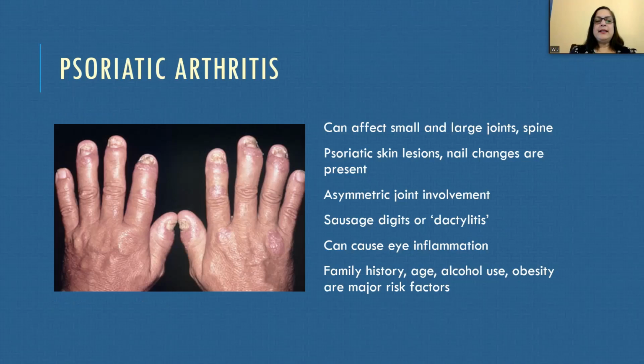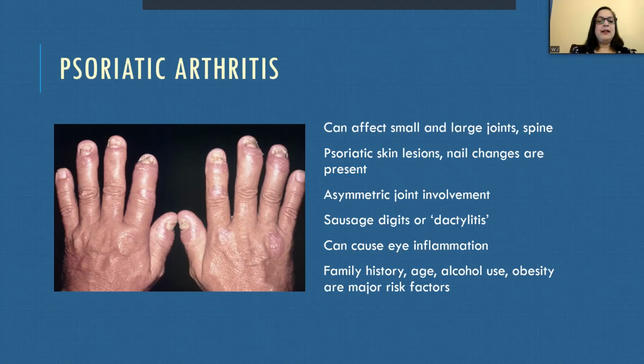Psoriatic arthritis is something that is seen if patients have a history of psoriasis. Psoriasis is a skin lesion which is characterized by silvery plaques that are seen on the skin. There are nail changes, which are called dystrophic nails. And the arthritis pattern here is that it affects the small and large joints and the spine.